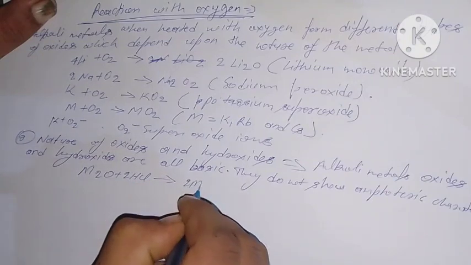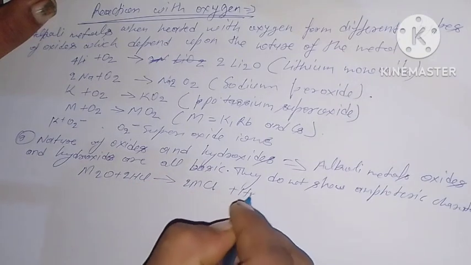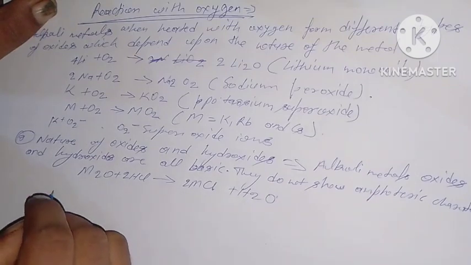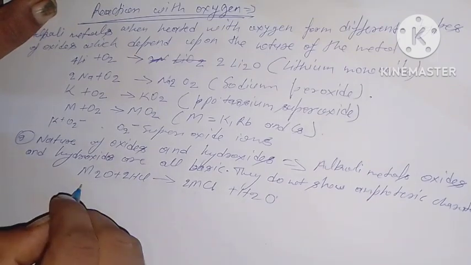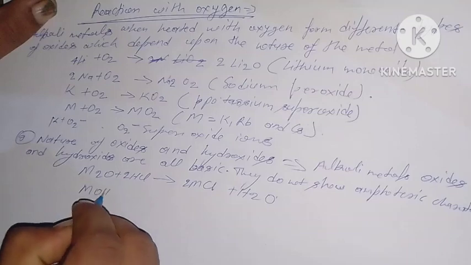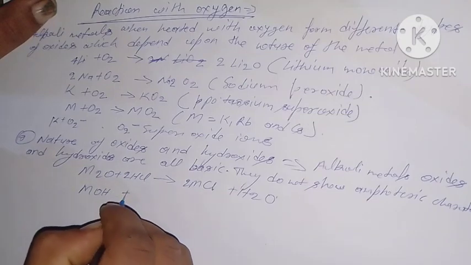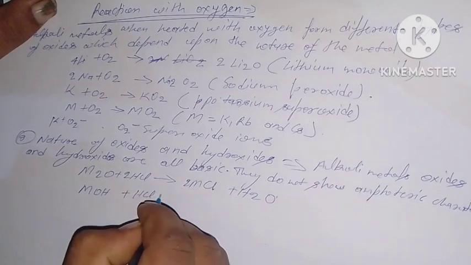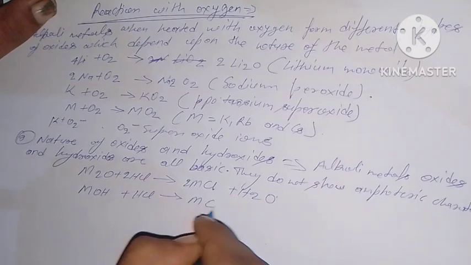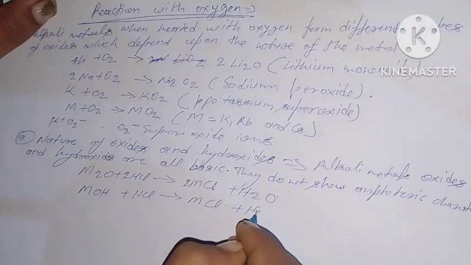M2O plus 2HCl gives 2MCl plus water. And metal hydroxides MOH plus hydrochloric acid give the metal chloride plus water.